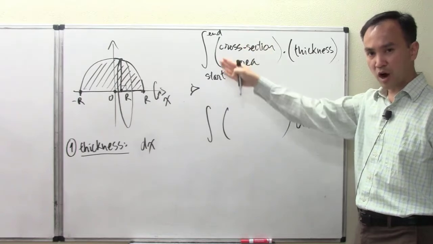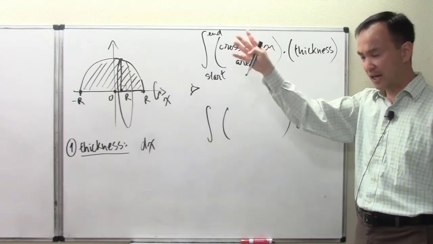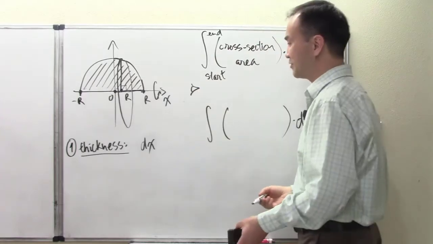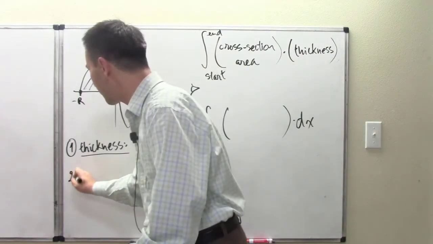And so now for the cross-section area, we have to find our way to create that as a function of x. Okay, so now let's find out about the cross-section area.